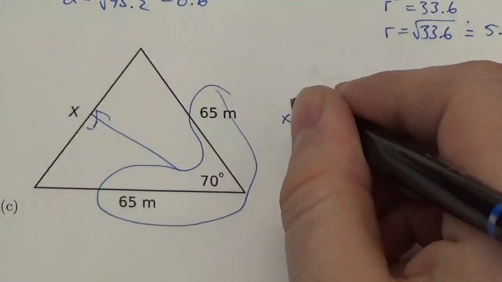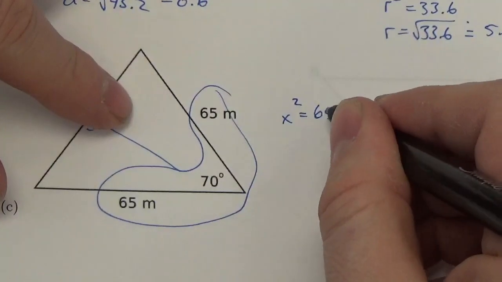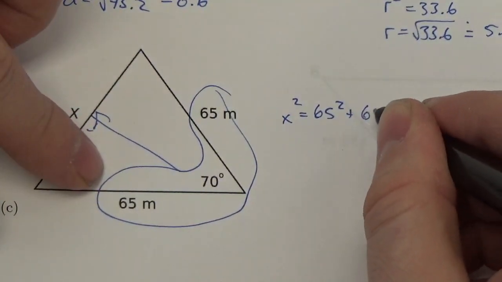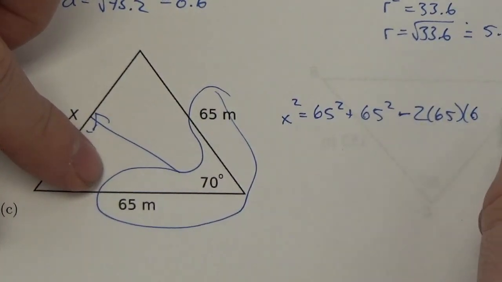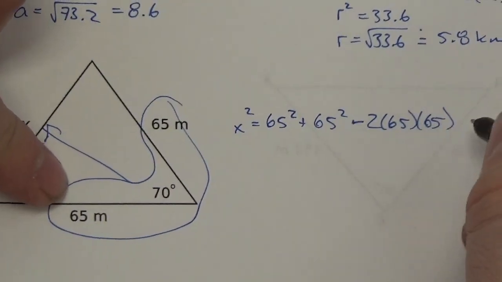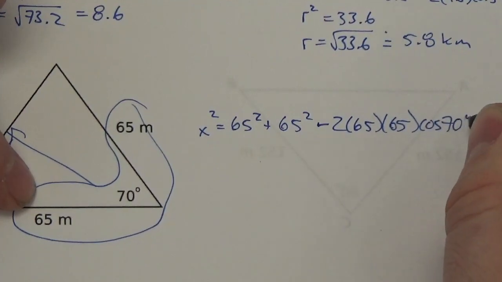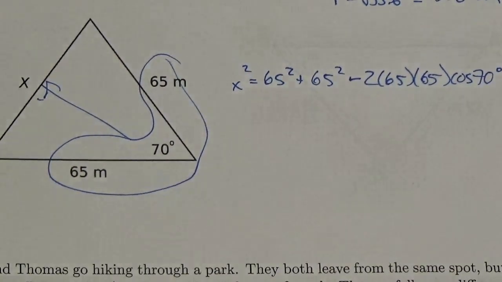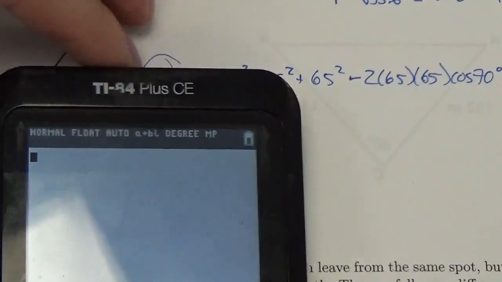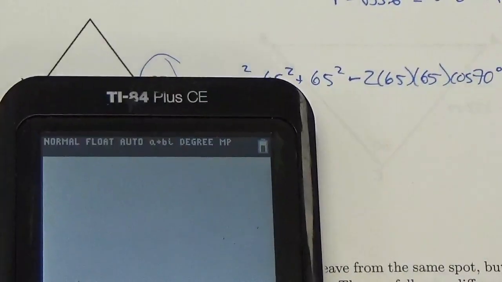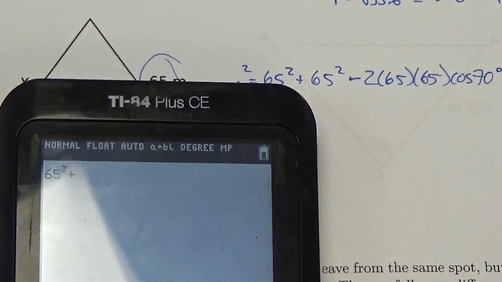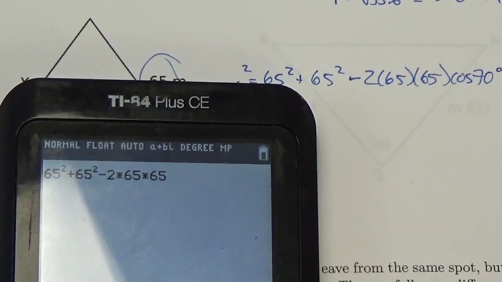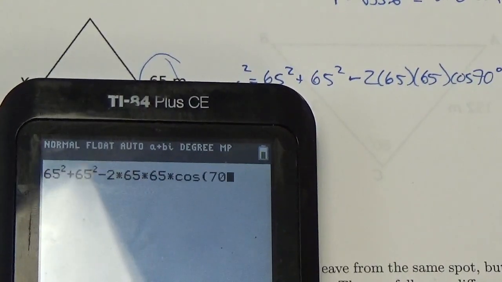So I know that x squared here is going to equal just the squares of those two sides added together minus 2 times the two sides multiplied together, multiplied by the cosine of the angle in between. So now, let's do that. That's going to be 65 squared plus 65 squared minus 2 times 65 multiplied by the cosine of the angle in between.